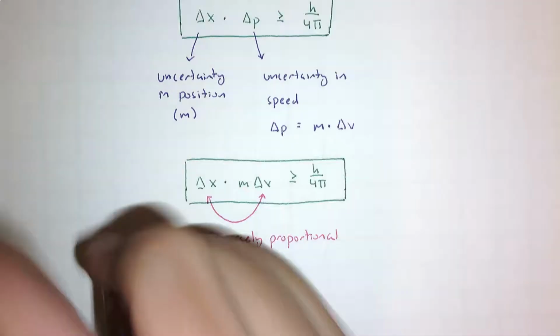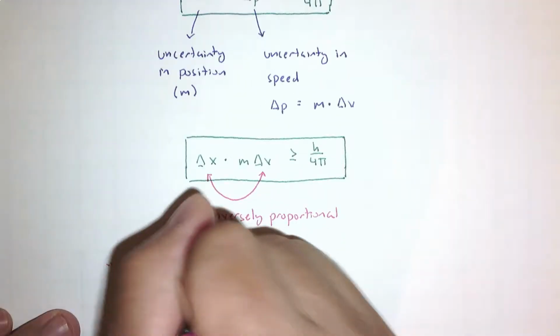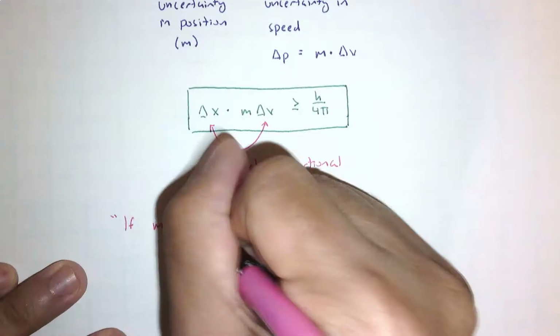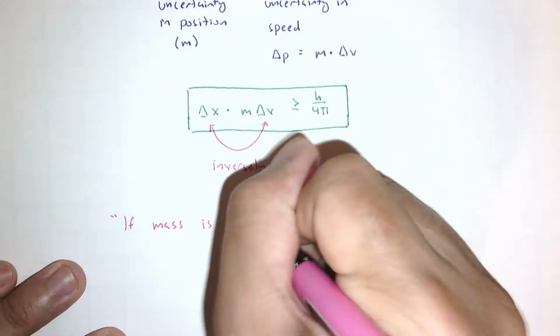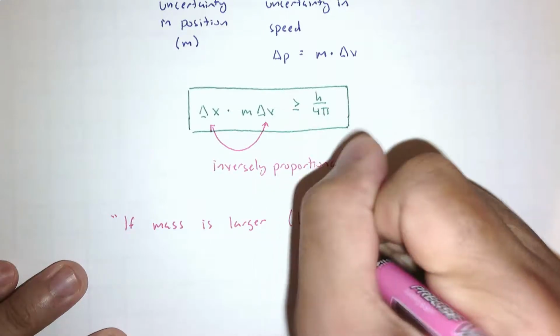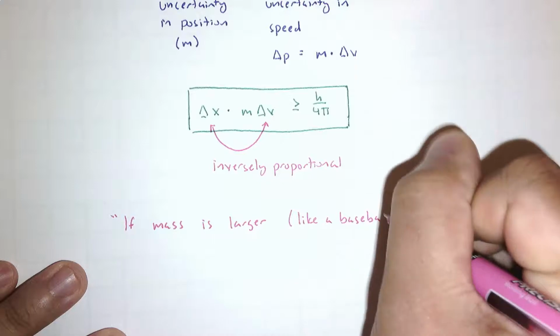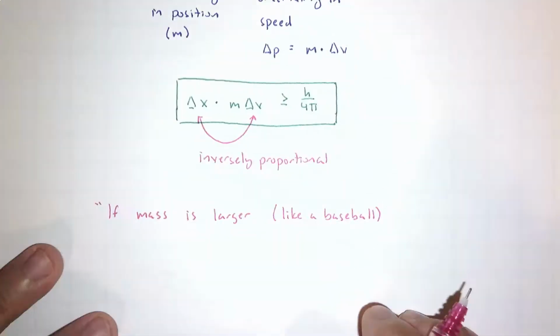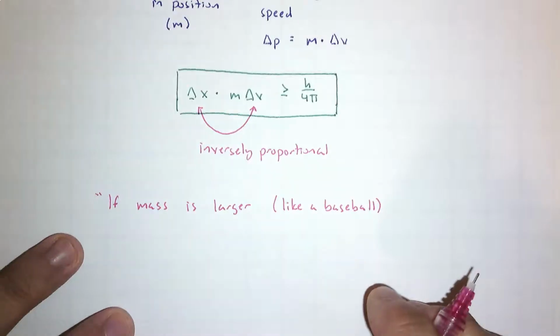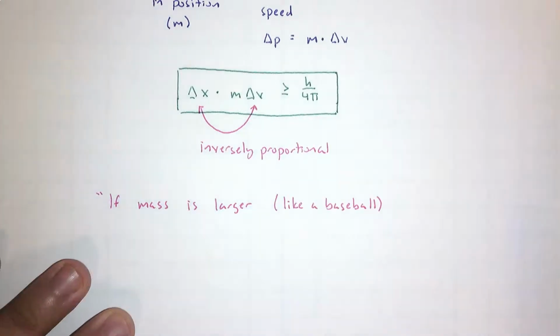And if the mass is larger, like a baseball, then yes, you can know pretty certain what the speed of the baseball is and the location of the baseball.